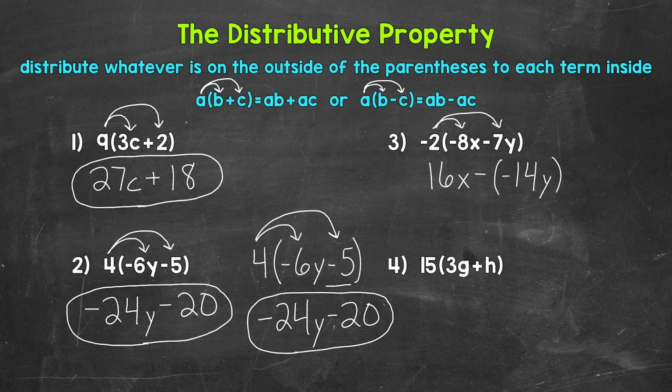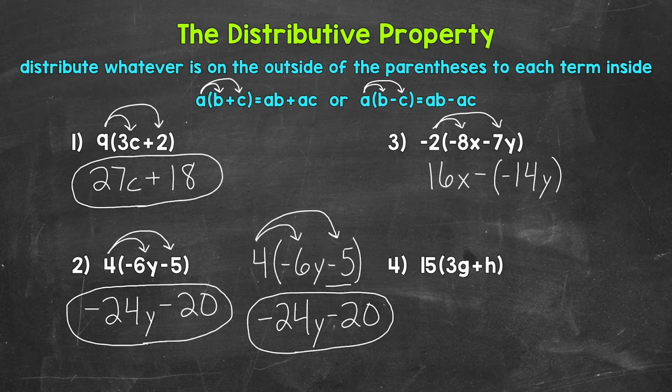Now this is correct, but we can clean this up a little bit, so to speak. We have a double sign, the subtraction and then the negative. We don't need both of those signs. We can rewrite it with just one. Think about working with negatives. When we subtract a negative, that's the same as adding a positive.